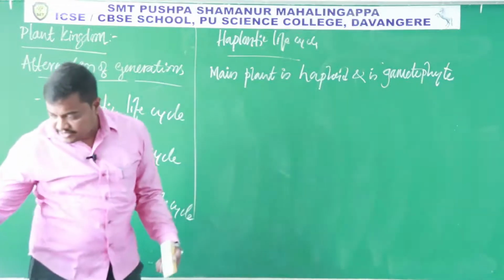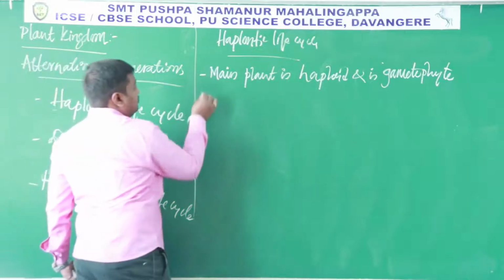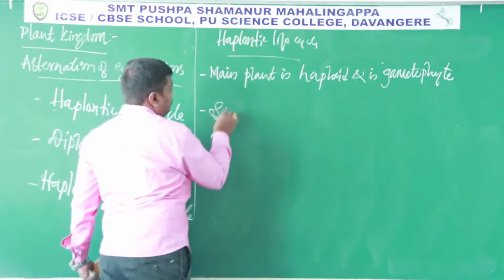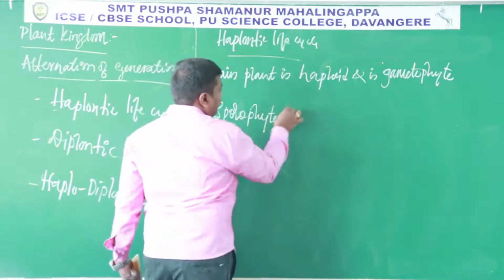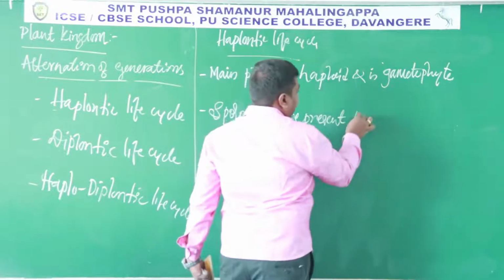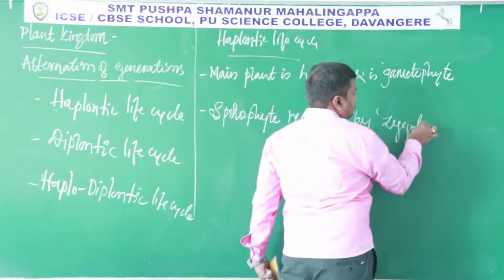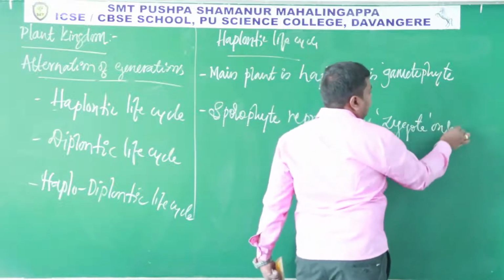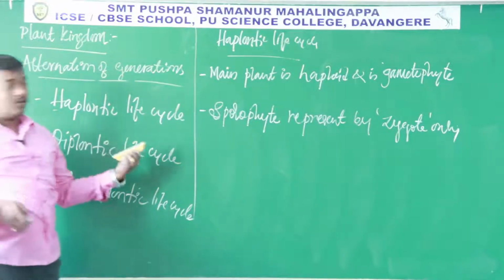That plant is itself a gametophyte. Then the sporophyte is represented by the zygote only. Only that zygote represents the sporophyte.